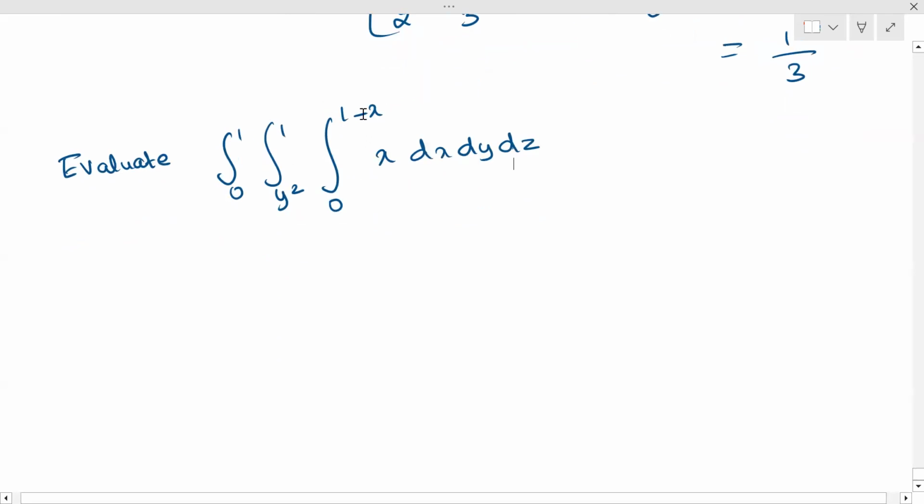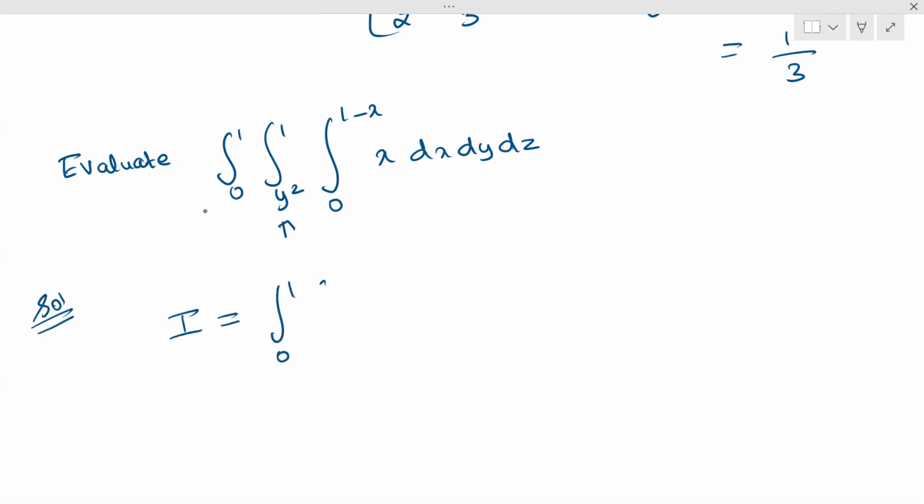The inner integration limit as the variable x. The middle integration as the variable y. So we have to think whether they are given in the correct order. How to write the correct order means 0 to 1, y square to 1, 0 to 1 minus x.